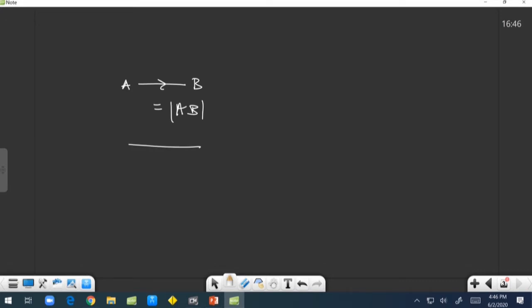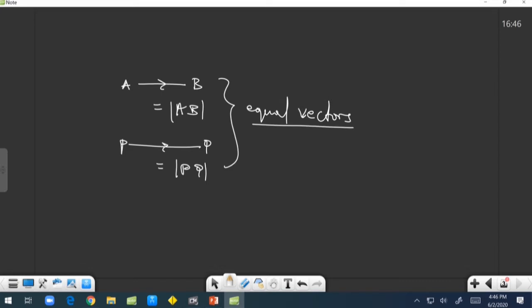Then we have another vector PQ, the same length. We have P and Q. Okay, this one is given as PQ. If they are equal vectors, that means vector AB is equal to vector PQ.